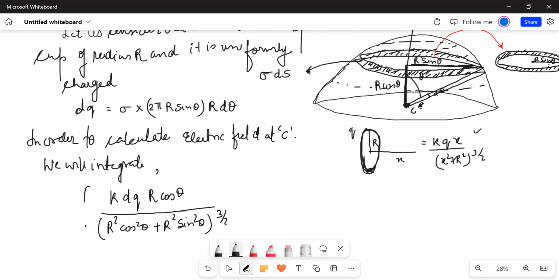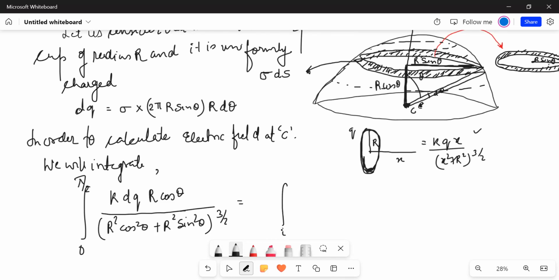And I'll integrate it from where to where? I want to take the contribution of each of these rings, so from 0 to pi by 2, it will cover all the possible rings. R sine theta, and then you have dq.